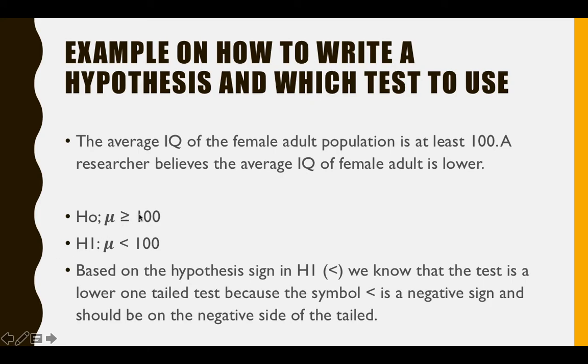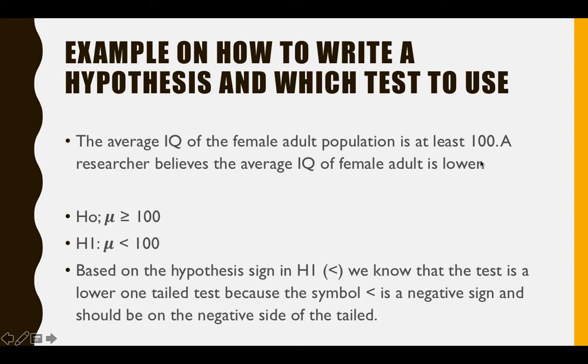A researcher believes the average IQ of female adult is lower than 100. So what is the research hypothesis? What is the statement that the researcher wants to test? Definitely, the statement is here. The statement to be tested is the average IQ of female adult is lower than 100.